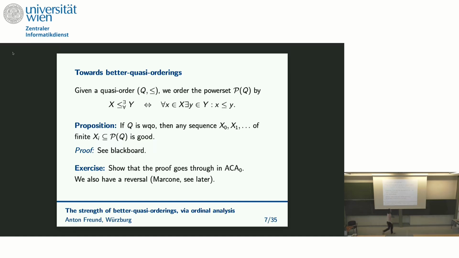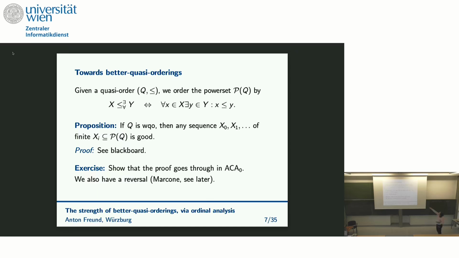Okay, so let's go by contraposition. And let's assume that this sequence is bad. And so you have finite subsets of your order. And this is bad, meaning that none of them is bounded by a later one. So if this is bad, it means, for example, that x0 is not below x1. So you have to negate that defining condition here.